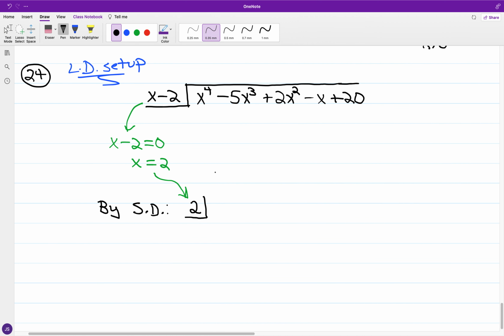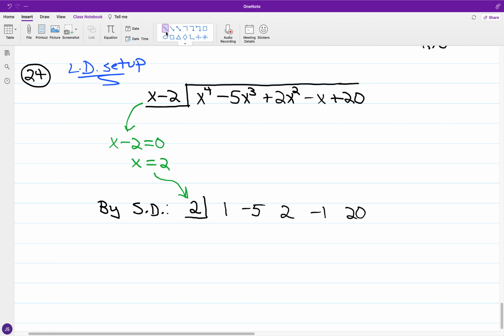And setting up the coefficients of the dividend, you have 1 for x to the 4th, negative 5 for x cubed, 2 for x squared, negative 1 for the negative x term, and closing out with the constant value 20.